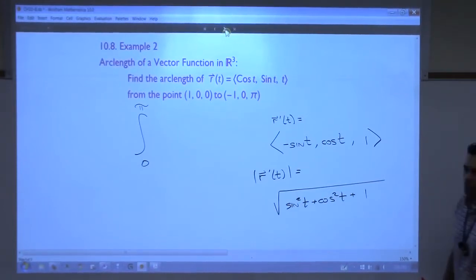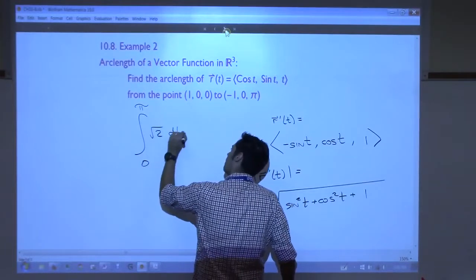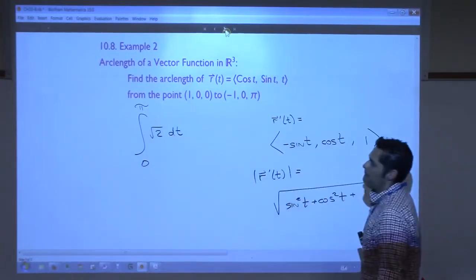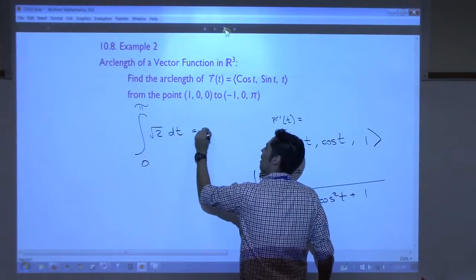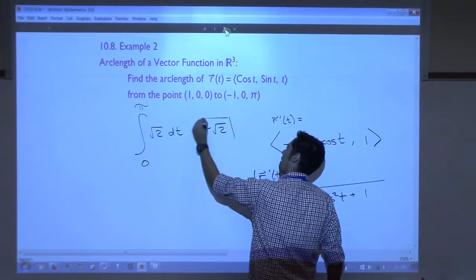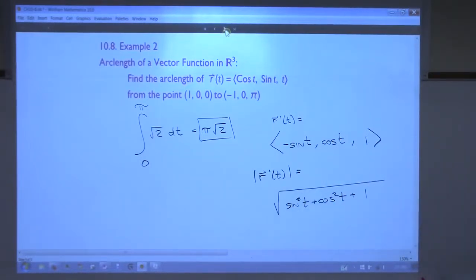So we're just integrating root 2 with respect to t. And if you do that, you should get pi times root 2. I'm not going to do it. That's how long that curve is.